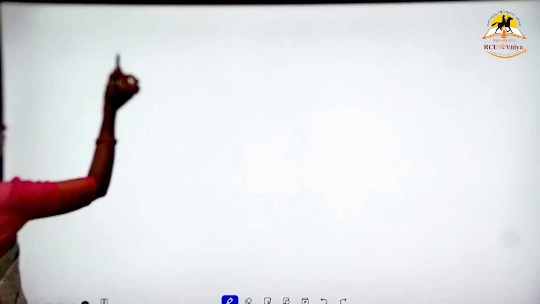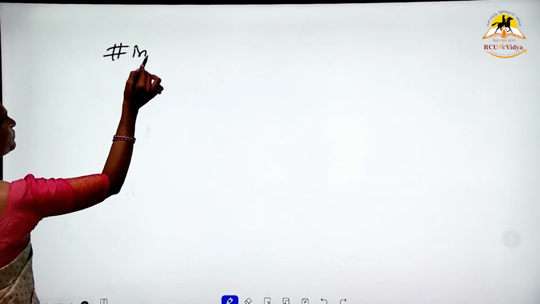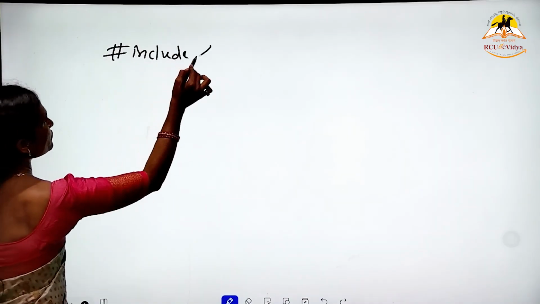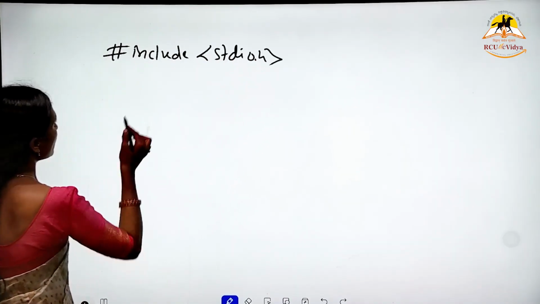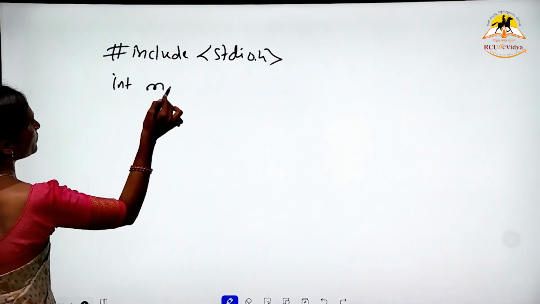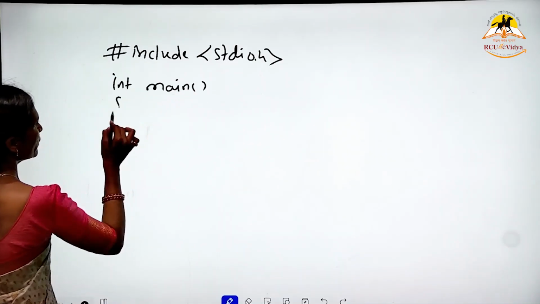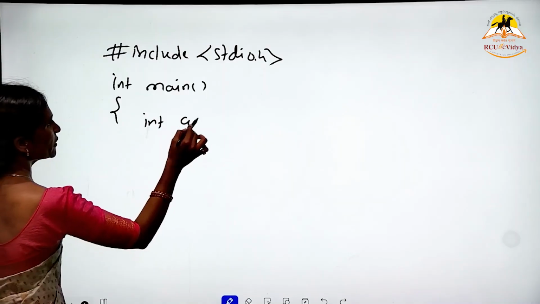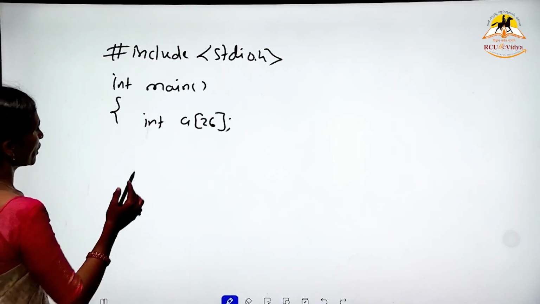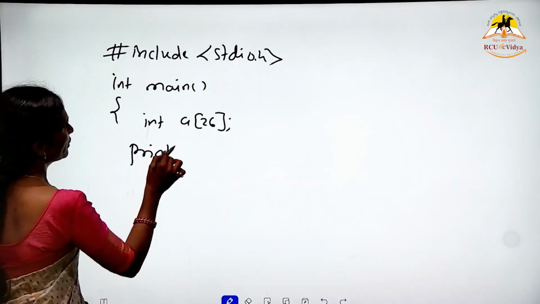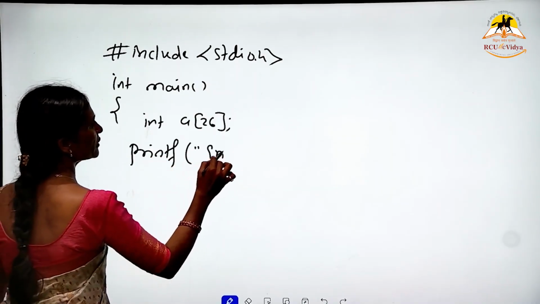How can we change it now? #include <stdio.h>, int main. How many values do we need? int a[26]. Okay, now printf "enter the size".